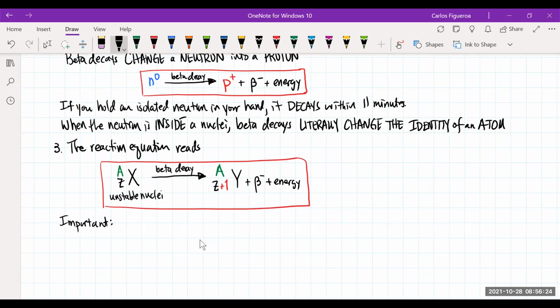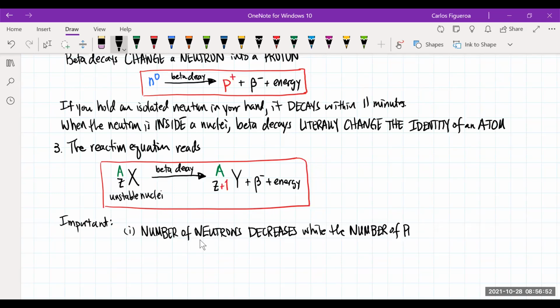The first thing I would see here is that the number of neutrons decreases, while the number of protons increases.